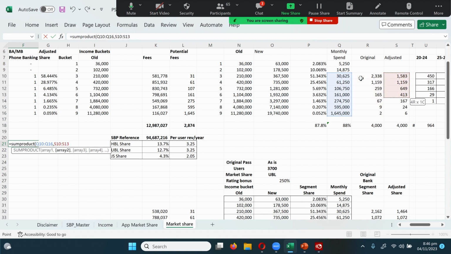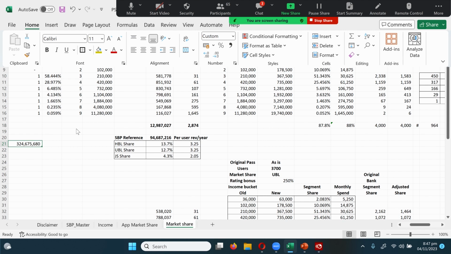So I'm using, for example, in this case, the HBL figure. In HBL's case, the total volume transacted at this time, of the income and the number of users I have, what is the value of that? So it's about 324 billion, because I need to multiply this with the 1000.